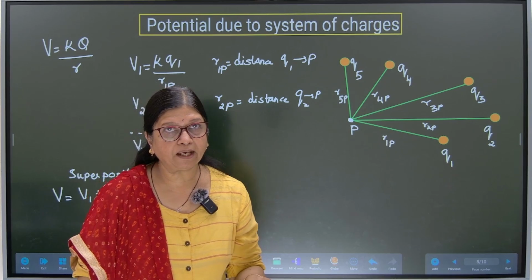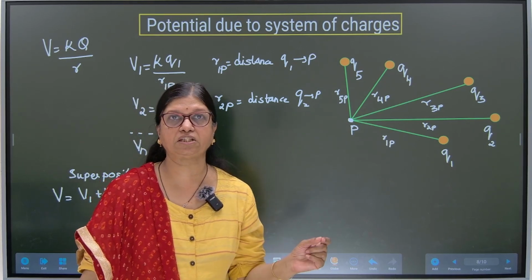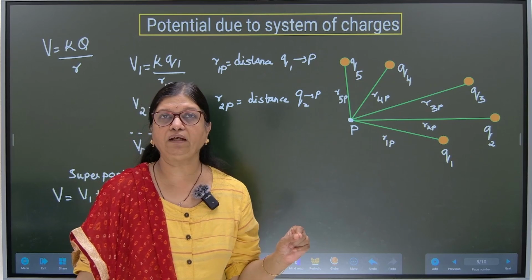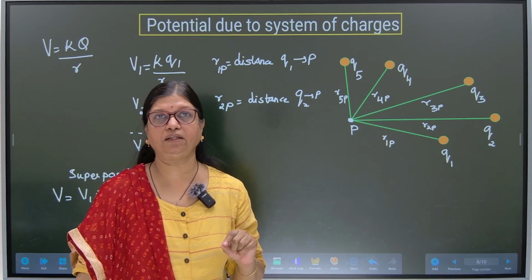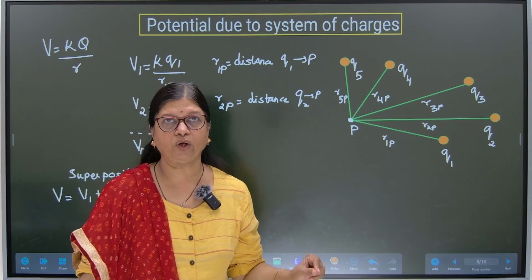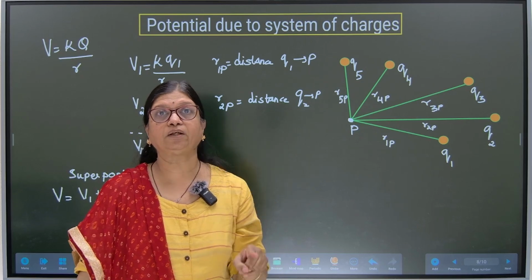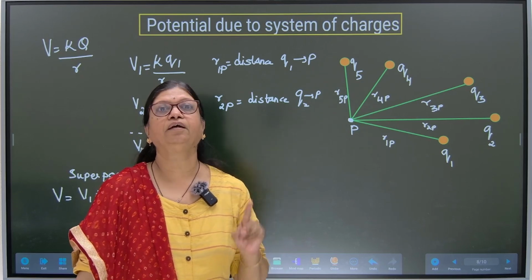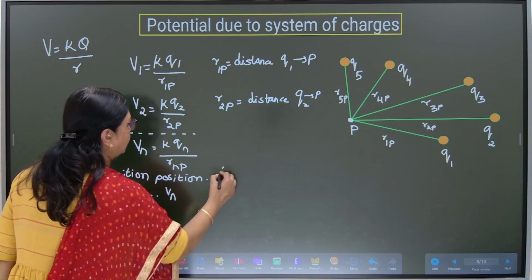If you remember, when we used this principle in the previous chapter for finding out the total E at a point or the total force at a point, we used the same principle of superposition, but we added vectorially. This time, how are we adding them?